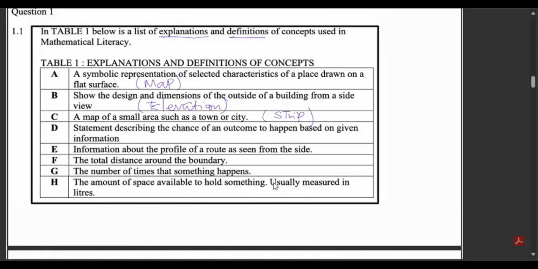A street map, because a town or a city will always show streets. Street map. Then we say a statement describing the chance of an outcome to happen based on given information. This could be prediction.